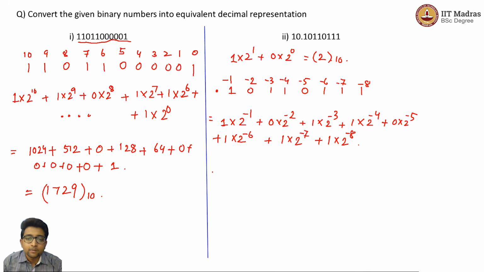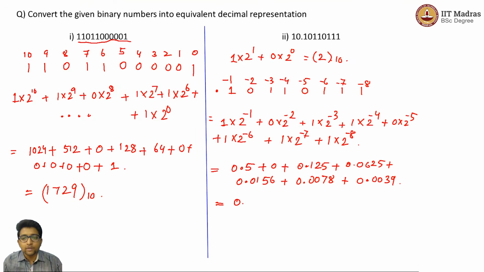Okay, done. After this you will simply put the values and add the terms. 2 to the power -1 is 0.5. 2 to the power -2 into 0 will be 0. 2 to the power -3 will be 0.125.